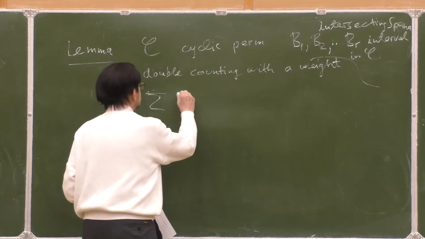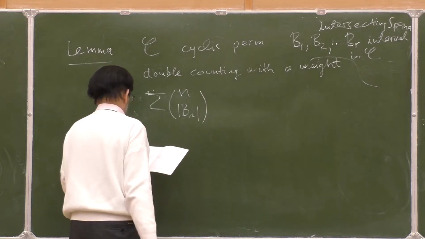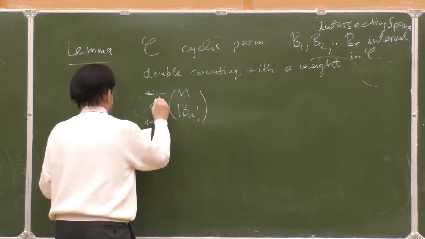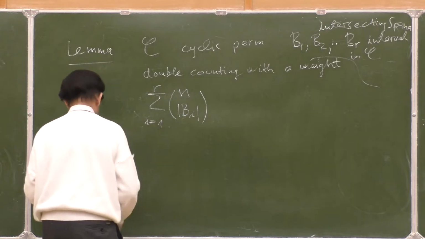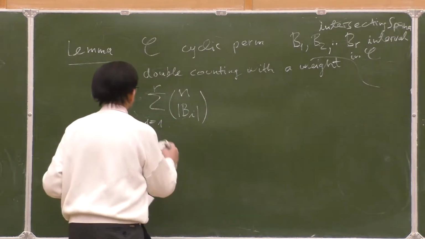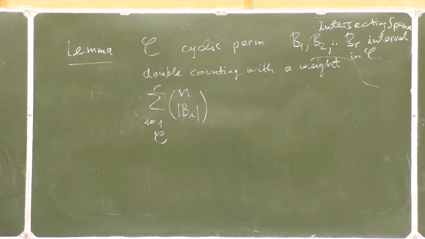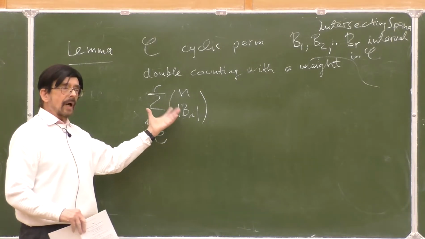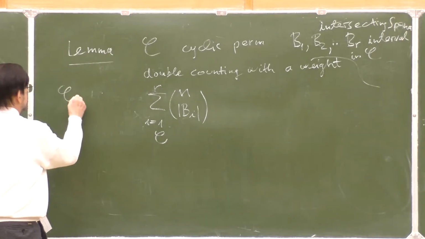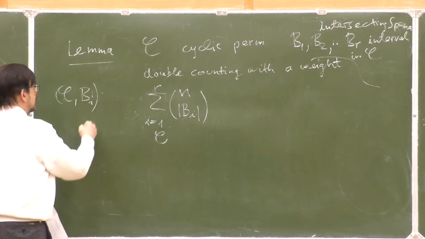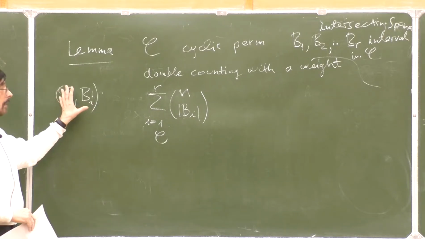Because it's more complicated. So what I mean, we take double counting, where for every pair C, B, in the previous proofs, we took only one.